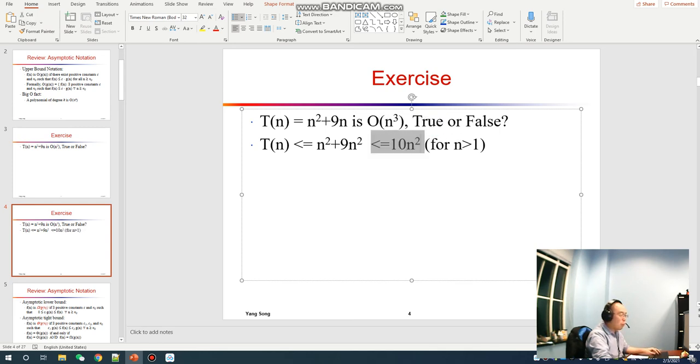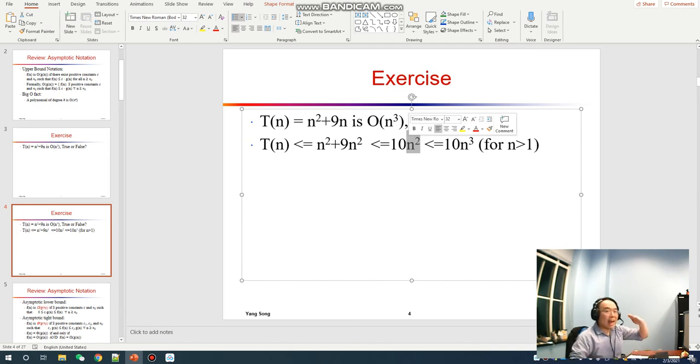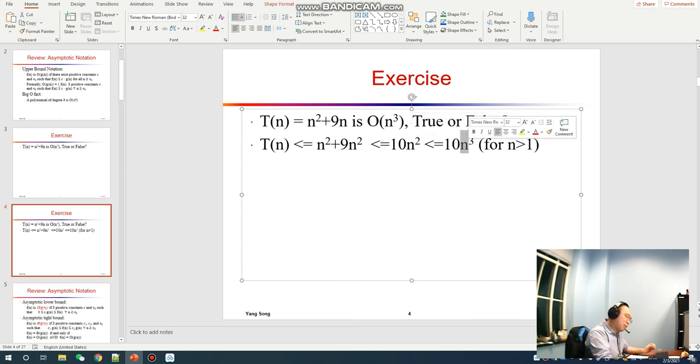Since n is greater than 1, it's guaranteed that n cube is going to be greater than n squared. So I'm selecting that for one upper level, and that is fine because as long as n is a positive value and n is greater than 1, it's guaranteed n cube is greater than n squared. Okay?